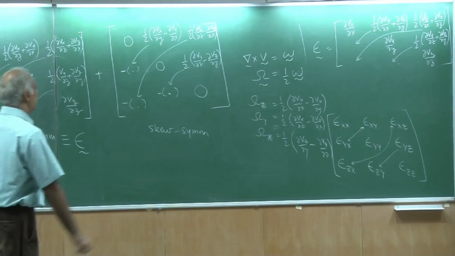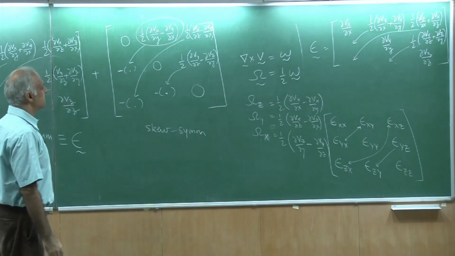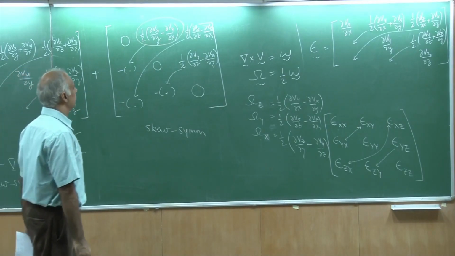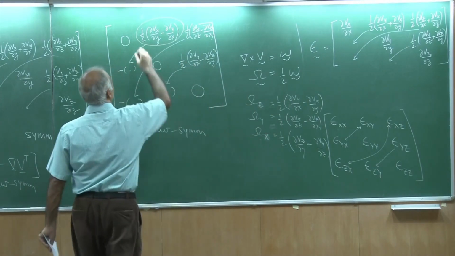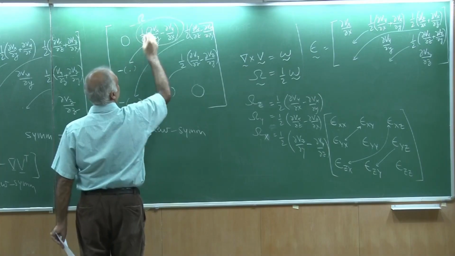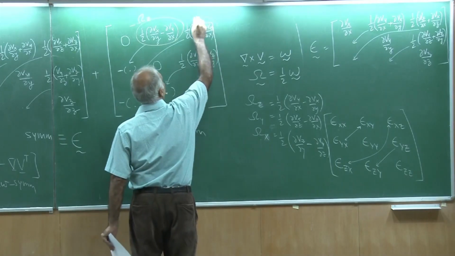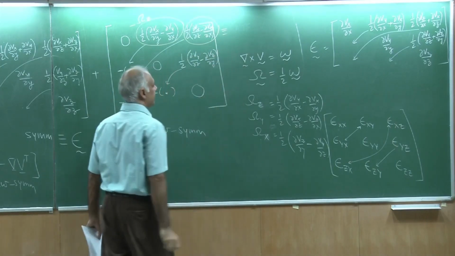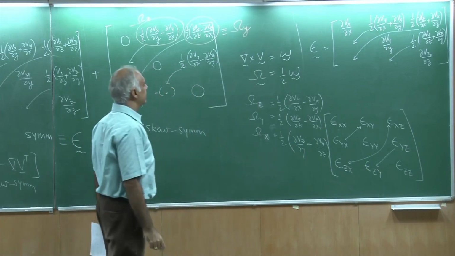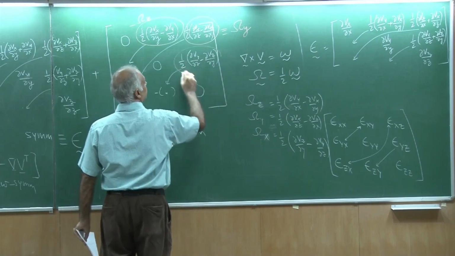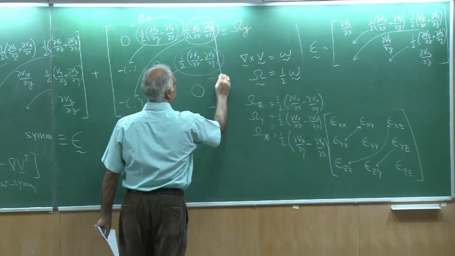And I would like you to identify this term over here. Do you see the two terms? So, this is something like minus omega z, and this term over here, del Vx by del z, is something like omega y, and this term over here, del Vy by del z, is minus omega x.